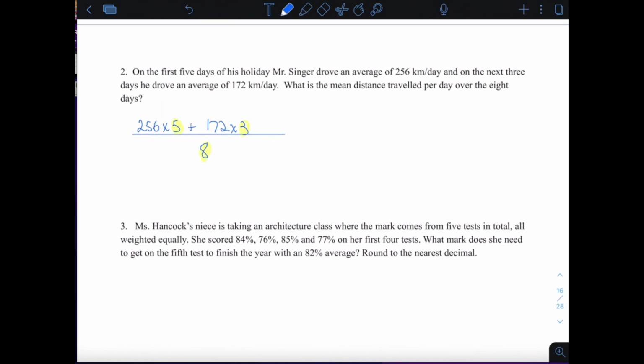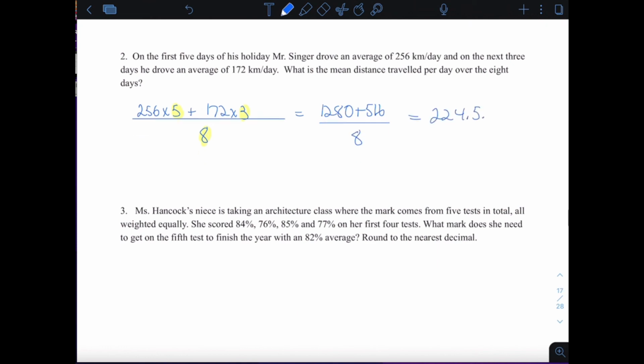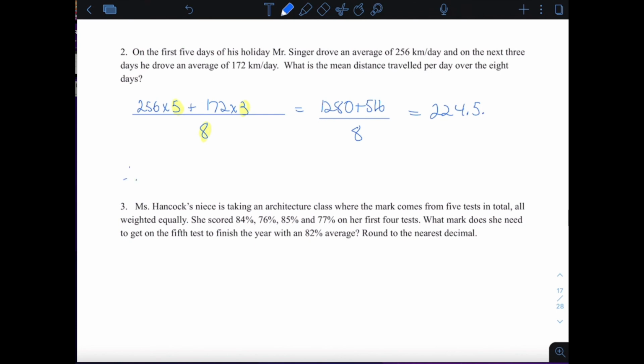Okay, then we're going to add this together. So that's 1280 plus 516 divided by 8, which ends up being 224.5. Okay, so therefore he drove an average of 224.5 kilometers per day.